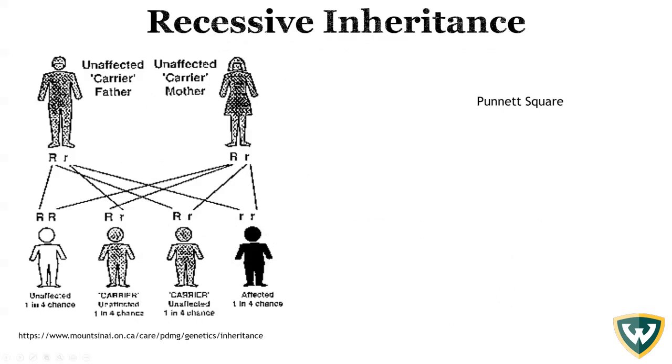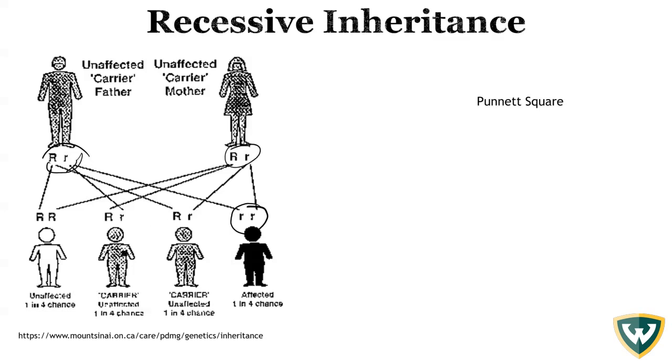So in a recessive inheritance model, what happens is that you have to essentially have two alleles of the dysfunctioning gene in order to have the disease because it's recessively inherited. You have to have two alleles here. And why this is, is because you only need one functioning copy to not have the disease. So in this depiction here, we have an unaffected mother and father who are both heterozygous.